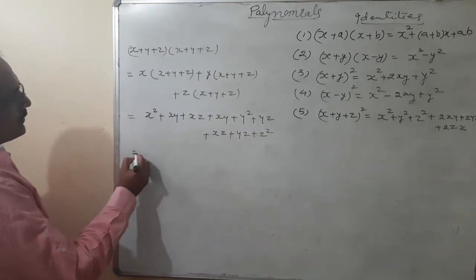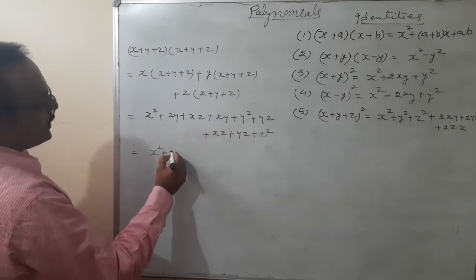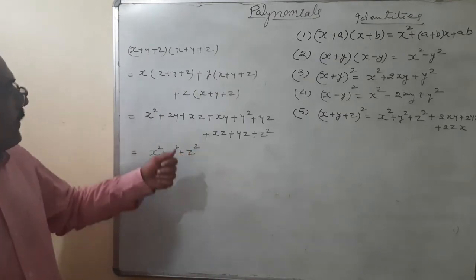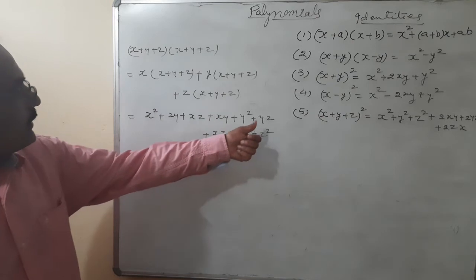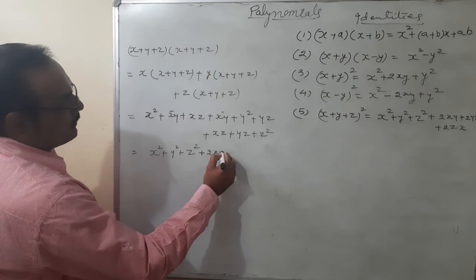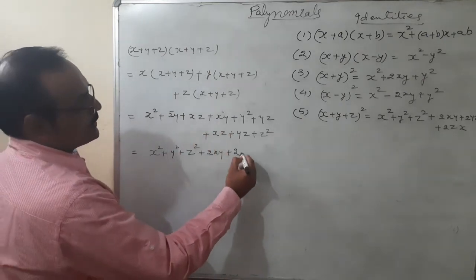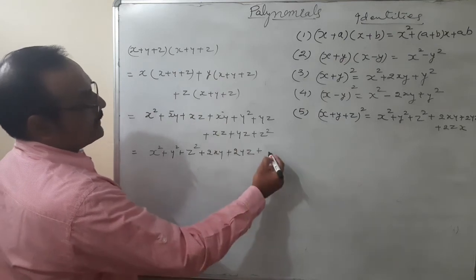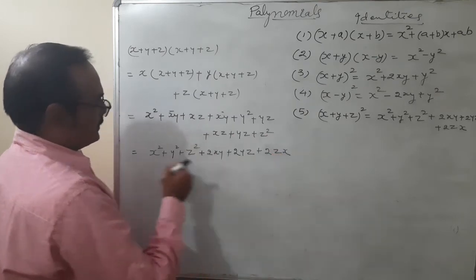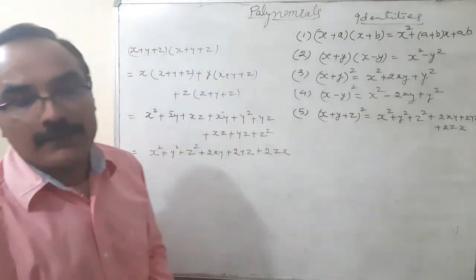So the terms are x square plus y square plus z square, then xy and xy, there are 2 terms, so plus 2xy. Plus yz, it's also 2 terms, 2yz, and zx, zx 2 times. So 2xy plus 2yz plus 2zx. This is the expansion part of it. So that is identity number 5.